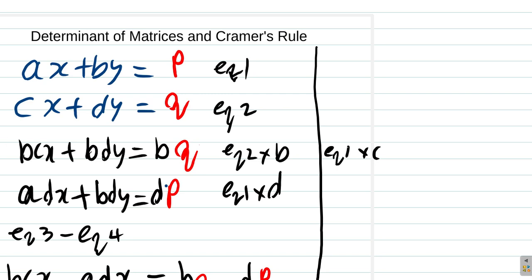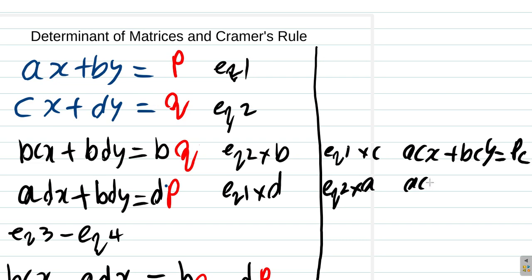We get acx plus bcy equals pc. Then multiply equation 2 by a. We have acx plus ady equals aq.